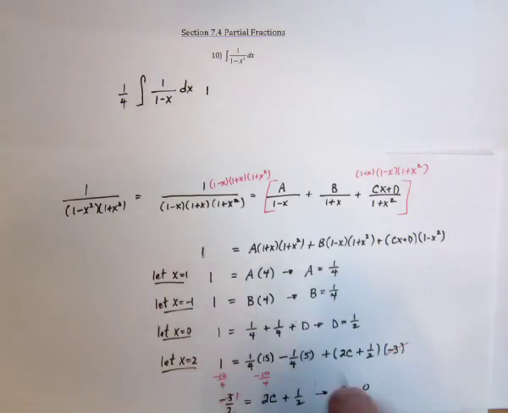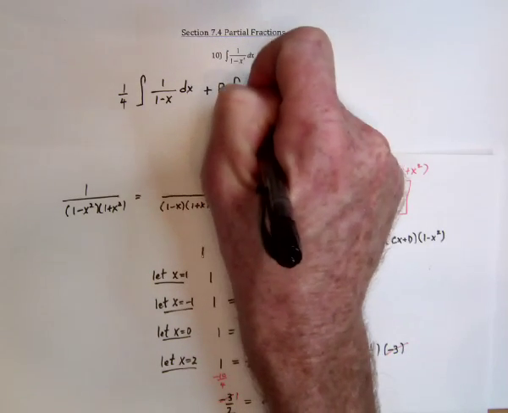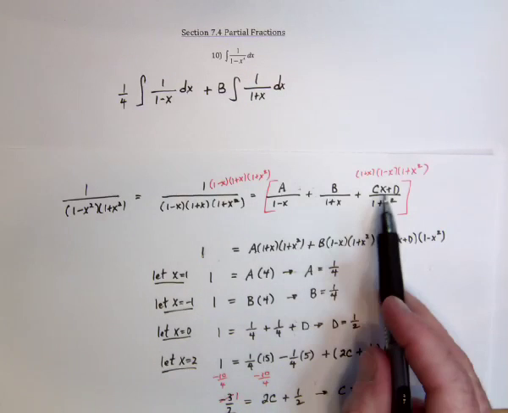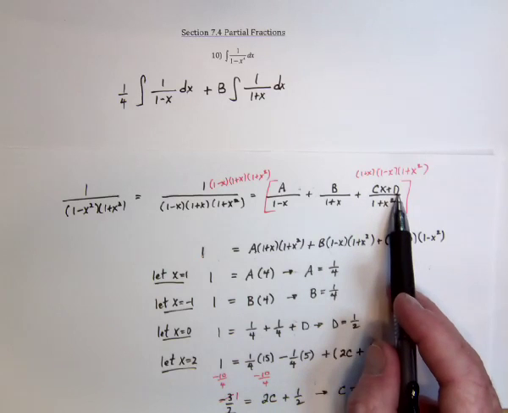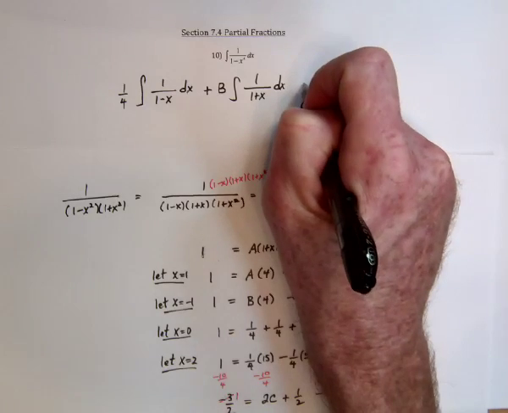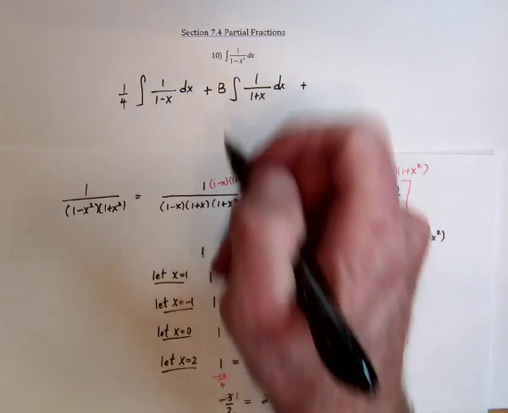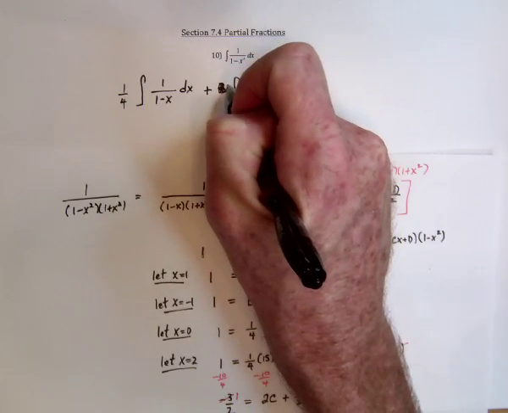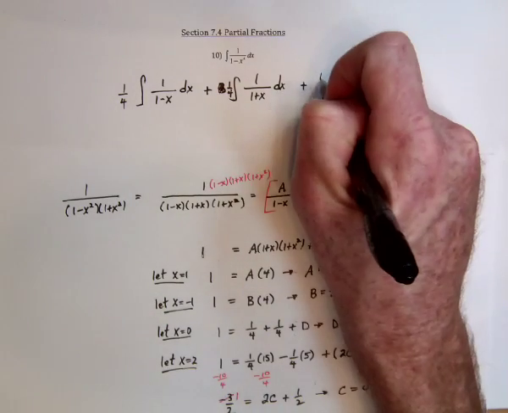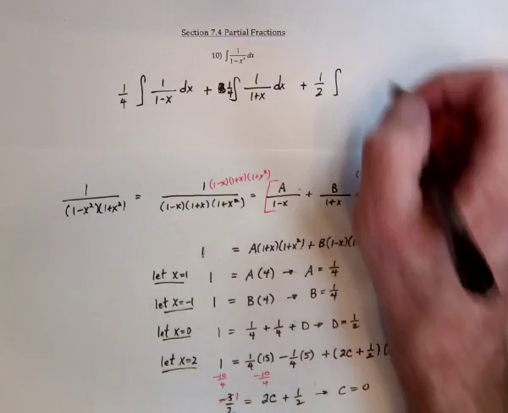The b was also a positive 1/4, so factor that out. And then the c is 0, so that's gone. The d is 1/2, so that can be factored out, and what's left is 1 over 1 plus x squared.